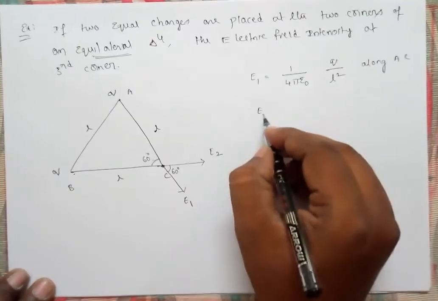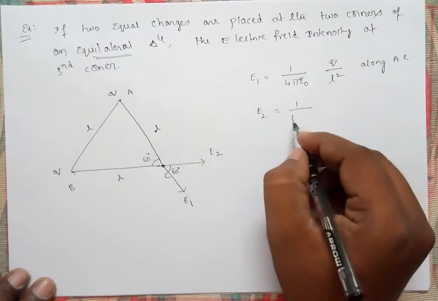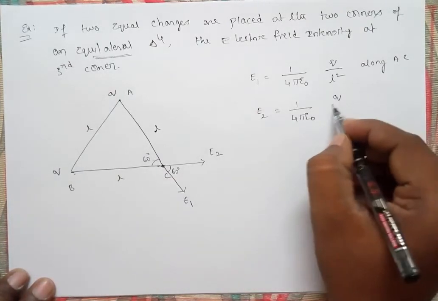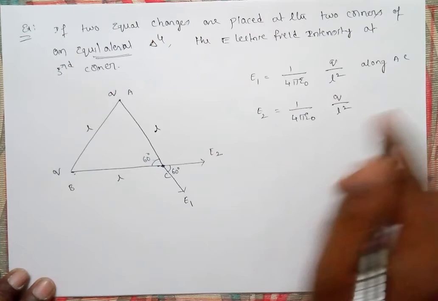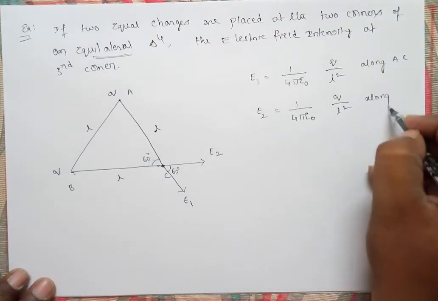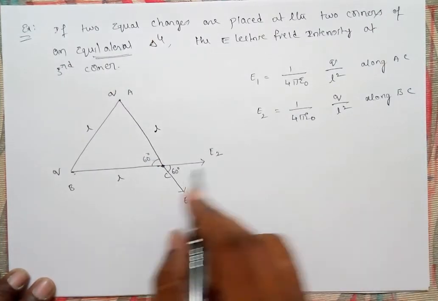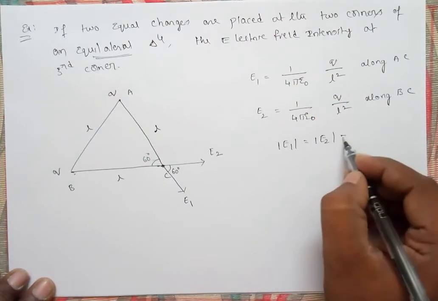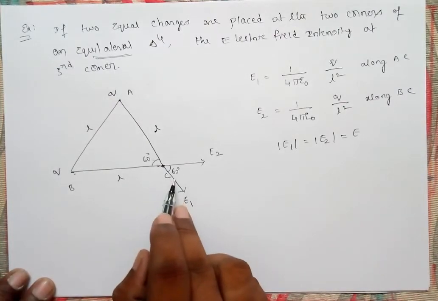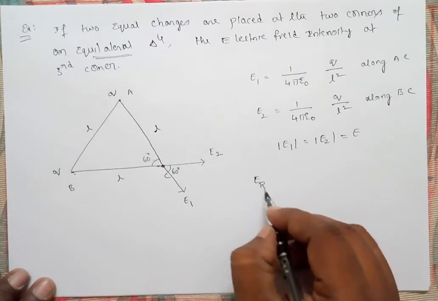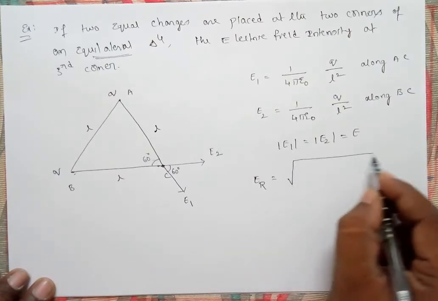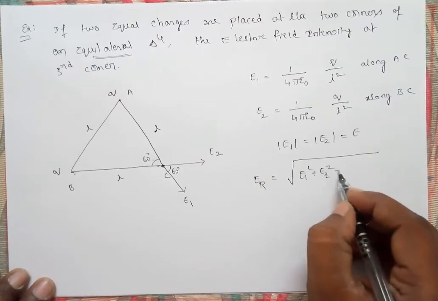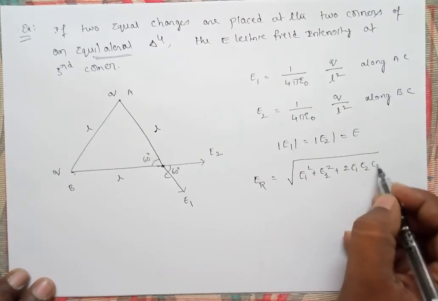Similarly E2 is 1 upon 4 pi epsilon naught, away from it, Q by L square, along BC. If you observe, the magnitudes of E1 and E2 are the same, and the angle is 60 degrees. Then the resultant electric field intensity, using the parallelogram law of vectors, is the square root of E1 square plus E2 square plus 2 E1 E2 cos 60 degrees.